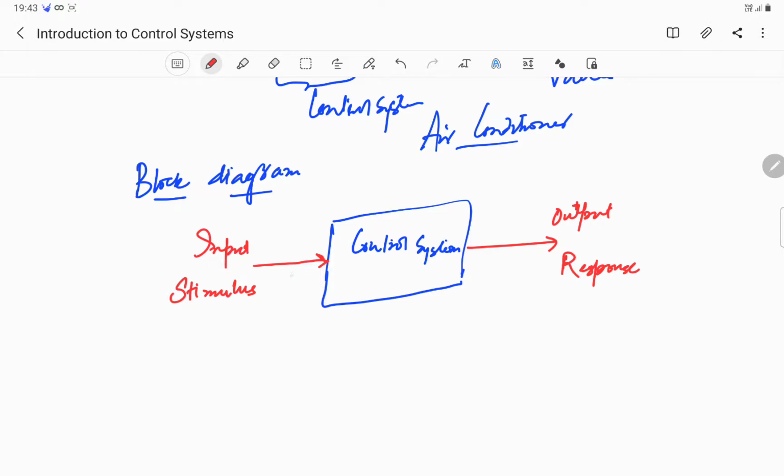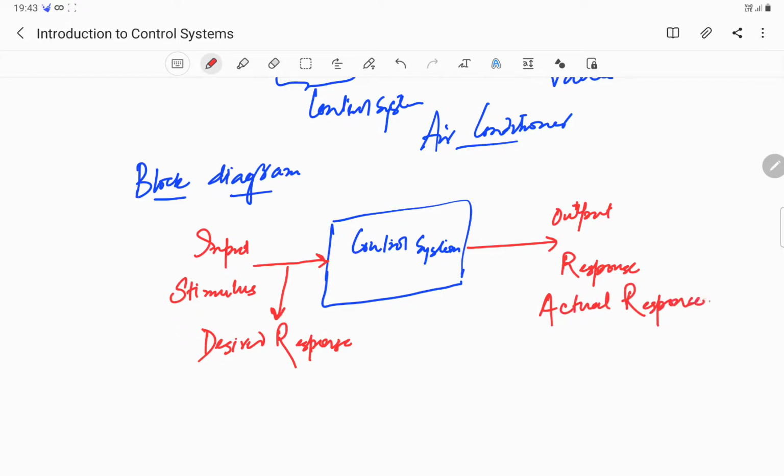This input may also sometimes be written as the desired response, and the output can be named as the actual response.